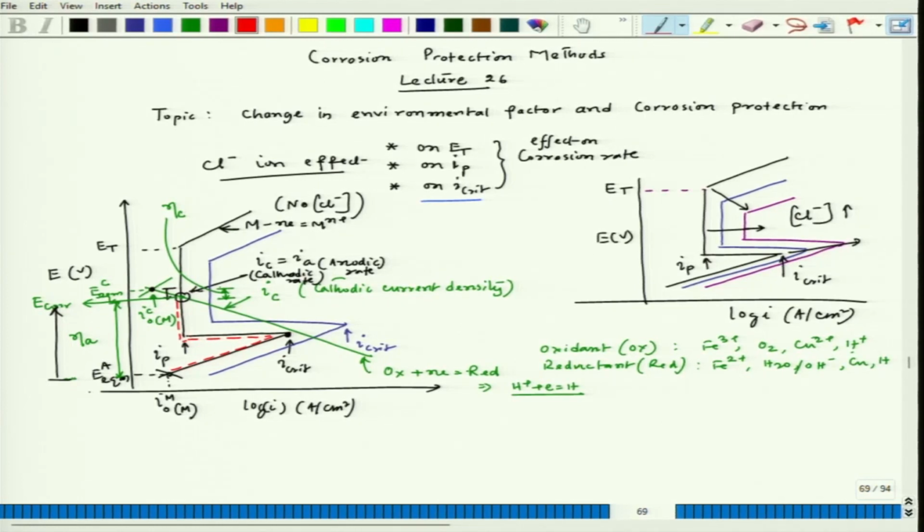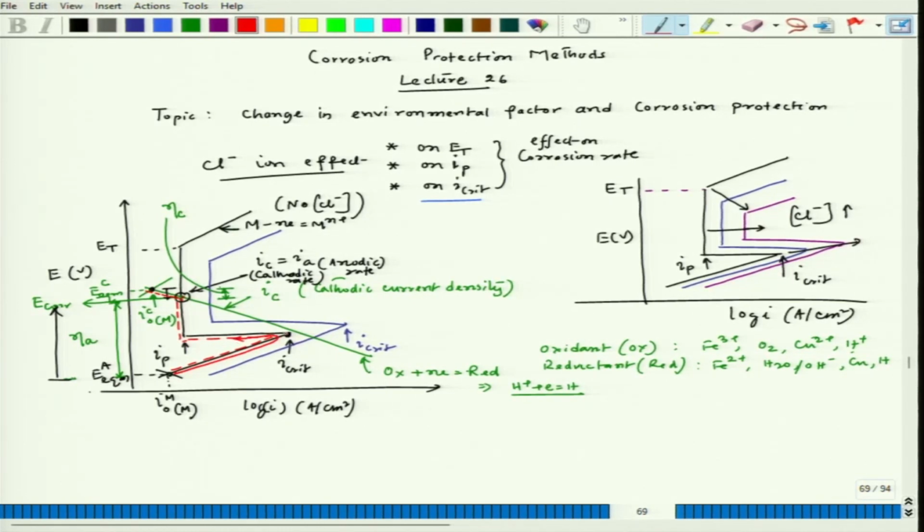Similarly, for the cathodic one, it will follow this track. Then they meet at this point, which corresponds to E corr, and that is the mixed potential, and here the total rates of the anodic and cathodic processes are the same.